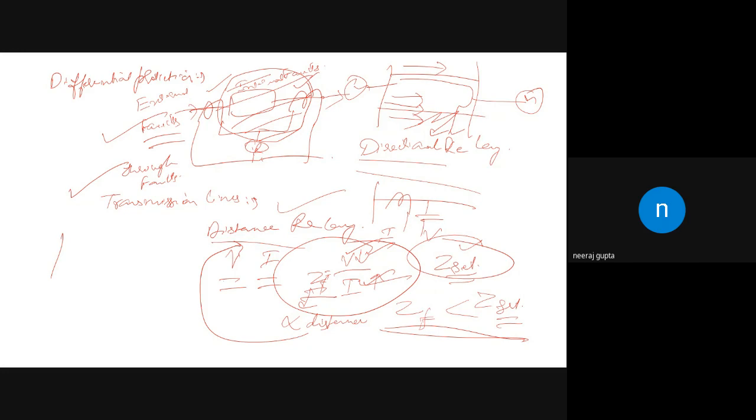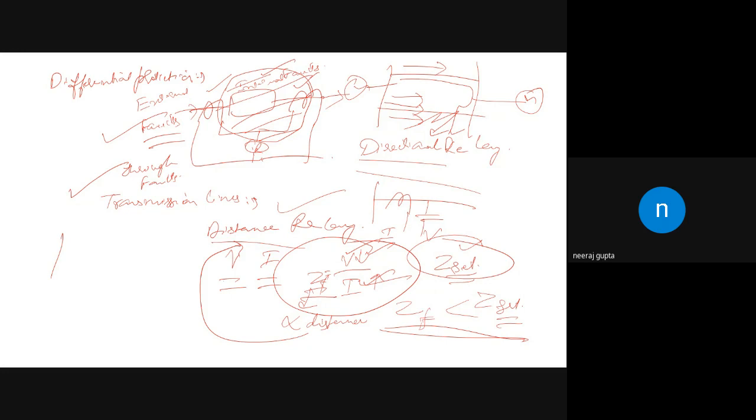So ideally, a relay looking after the protection of the zone should operate only for internal faults. It will not operate for the external fault. That is, it will restrain from operating for the external faults.